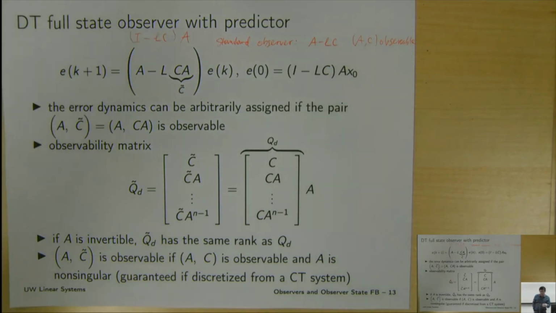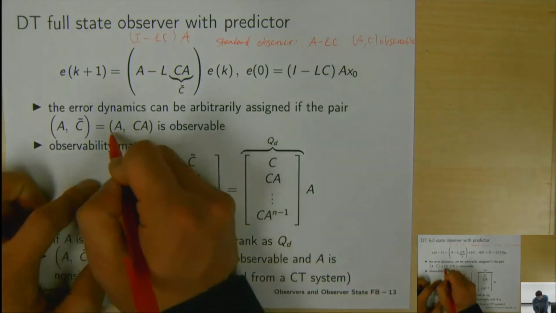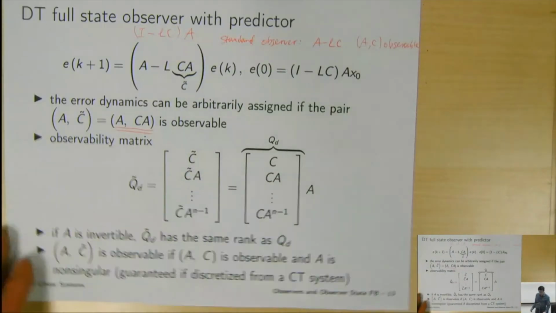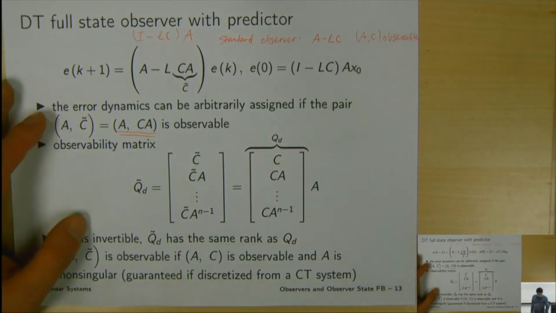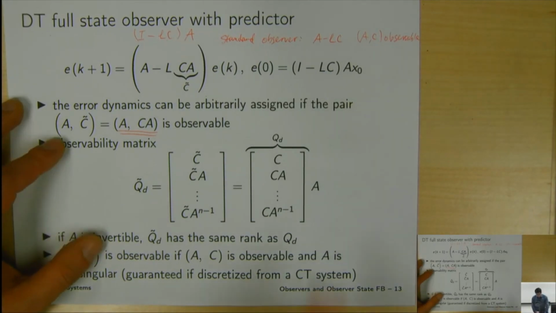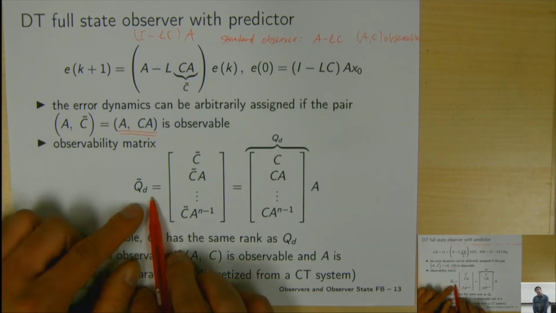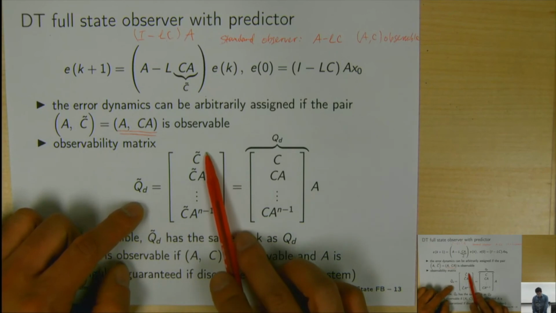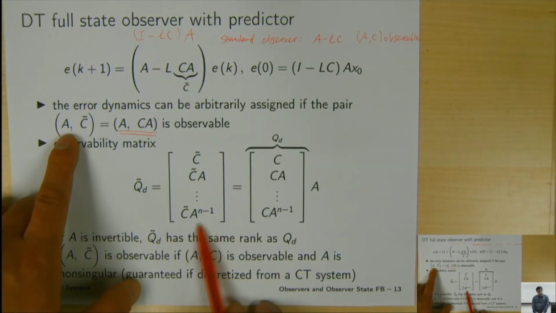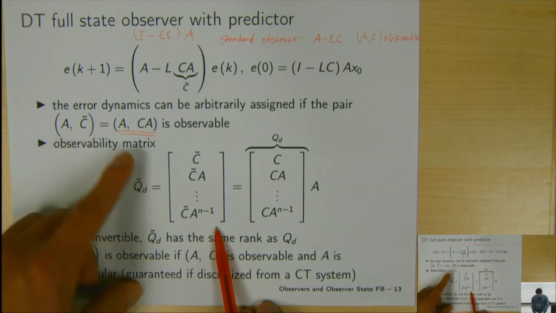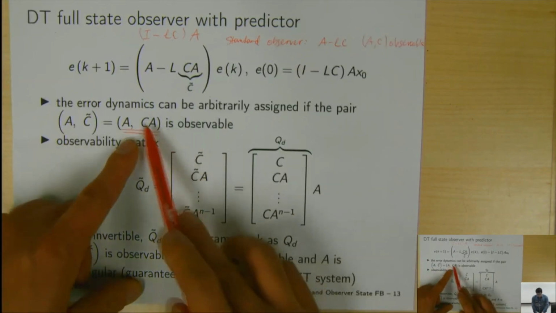So that's the concept. Now let's take a look at when this pair A, CA will be observable. If we write out the observability matrix, it's going to be C tilde, C tilde A, up to C tilde A to the n minus 1. Just plug in C tilde.